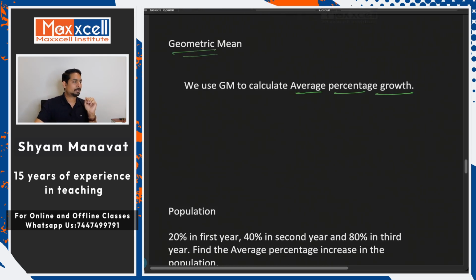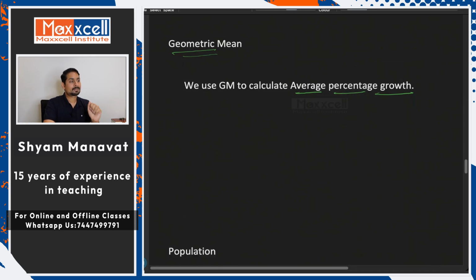Now, let me tell you the formula of geometric mean. For n observations, it will be the nth root of the product of n values.